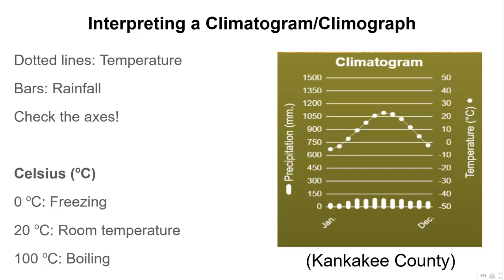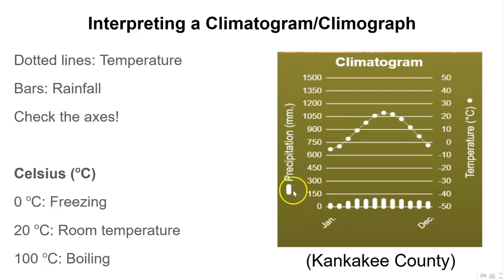So one other graph that you'll need to familiarize yourself with is this climatogram. Sometimes we call it a climograph or a climatograph. It's all the same thing here. This one actually has 3 axes, so let's go through those. On the x-axis, we have 2 notations, January and December. So we know, probably without even counting, that these are going to be the months of the year. This is time, okay? Or seasons, I guess.